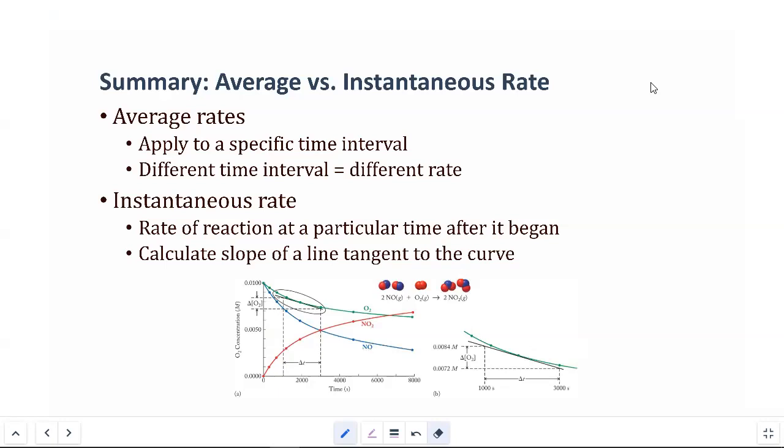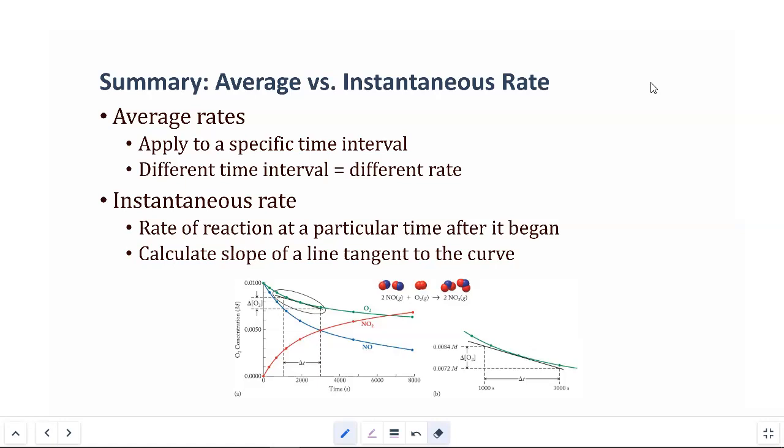So overall, we're going to do a lot of work with both of these. Average rates are going to be applied to individual time intervals, and we understand that those change over time. Instantaneous rates give us the actual rate of reaction at that given moment in the reaction itself.